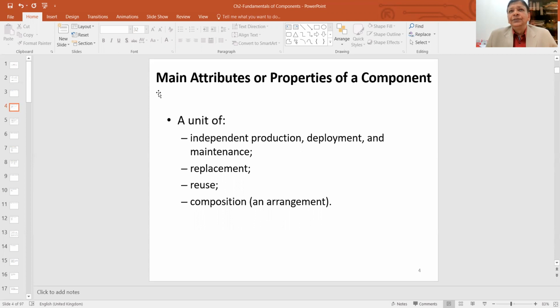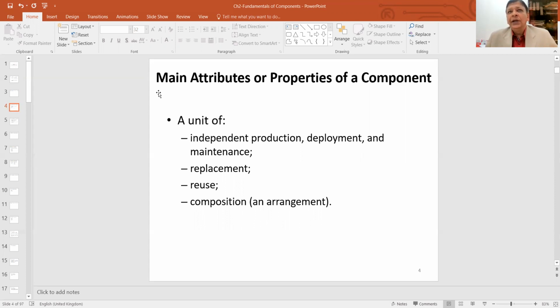A unit of reuse. So it should be reusable: write once, run anywhere in the life of the software company. It's a unit of composition. So it's an arrangement, and a component could have several subcomponents. So you can independently develop it, deploy it, ship it, integrate it, maintain it, and easily replace it.